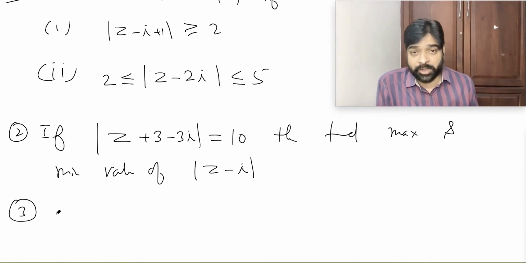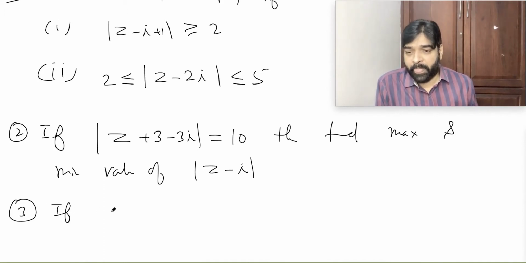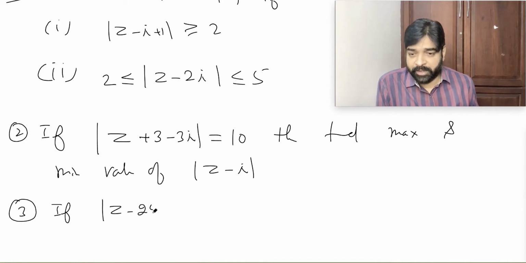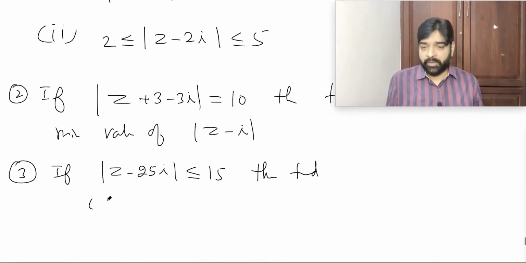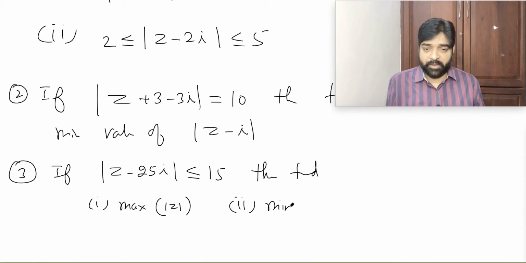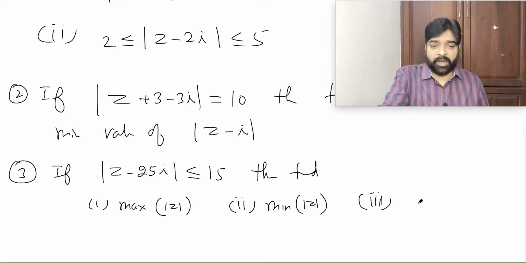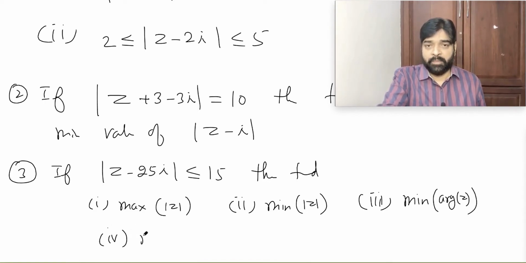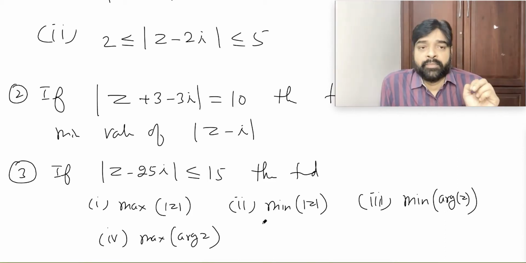Third one, this is a JEE 4 marks question. Look, if mod of Z minus 25I is less than or equal to 15, then find, first bit, the maximum value of mod Z, second bit, the minimum value of mod Z, third bit, the minimum value of argument Z, fourth bit, the maximum value of argument Z. No question should be done using mathematical work, only by using a graph.